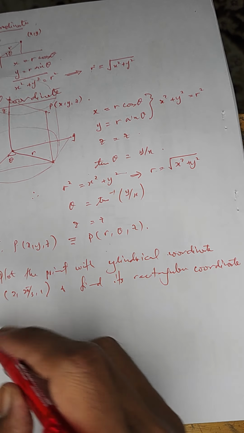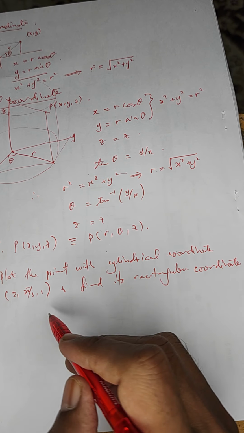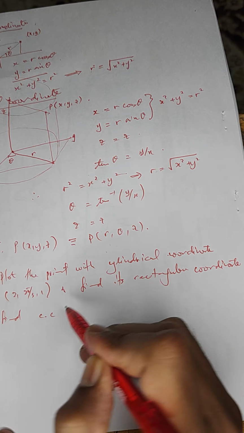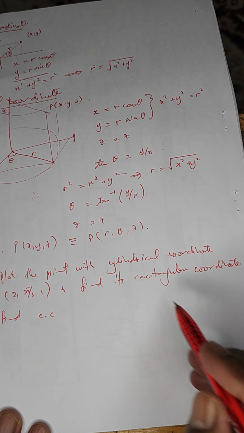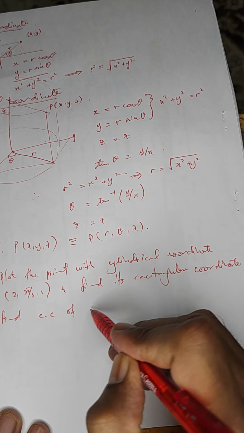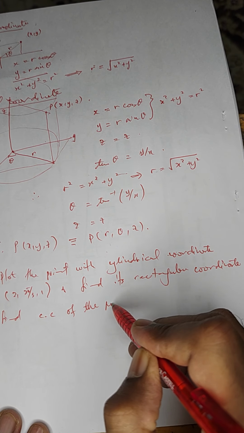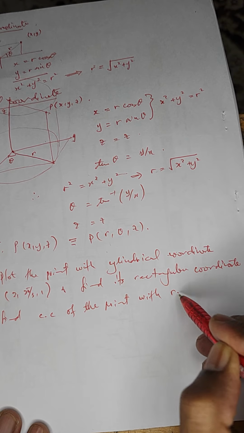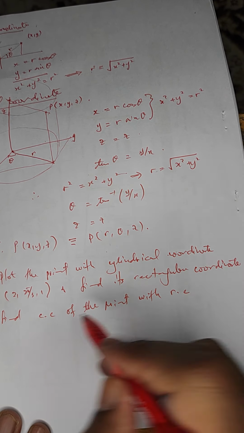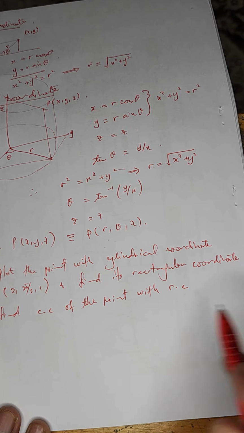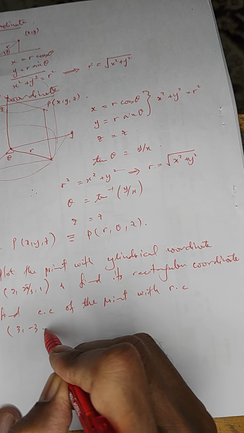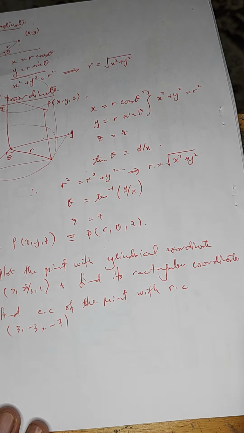And the other one is B: Find the cylindrical coordinates of the point with rectangular coordinates given as 3, -3, and -7.